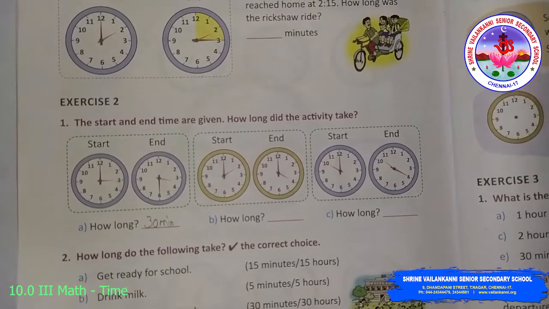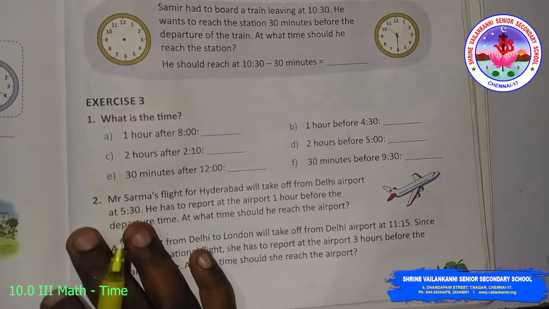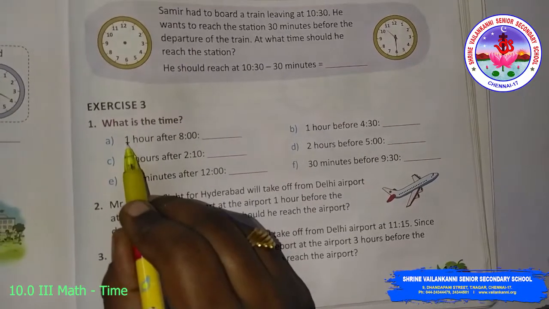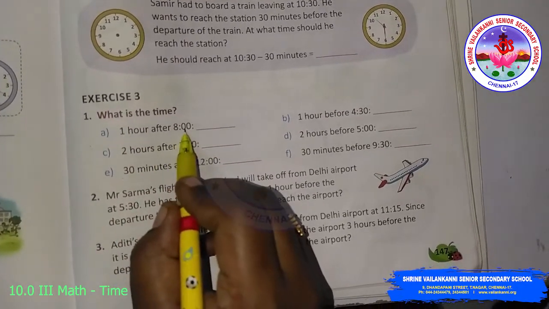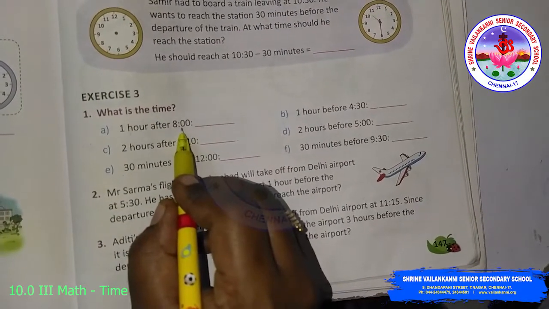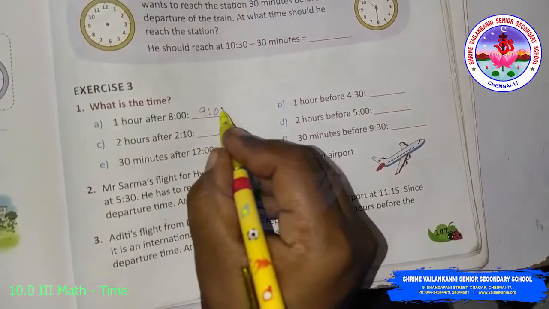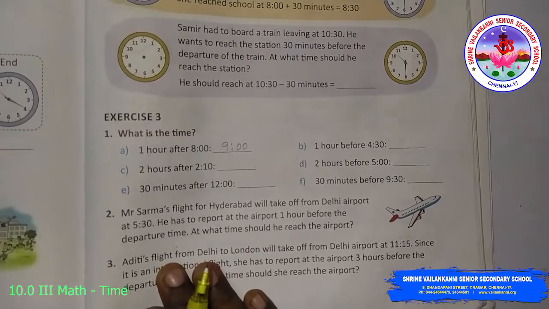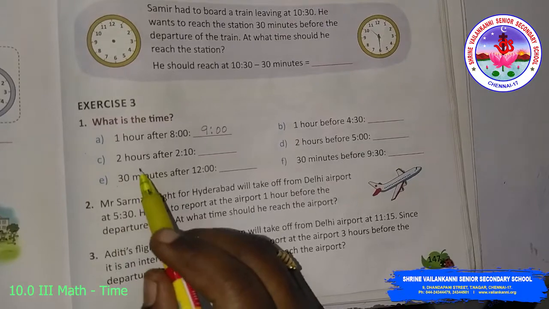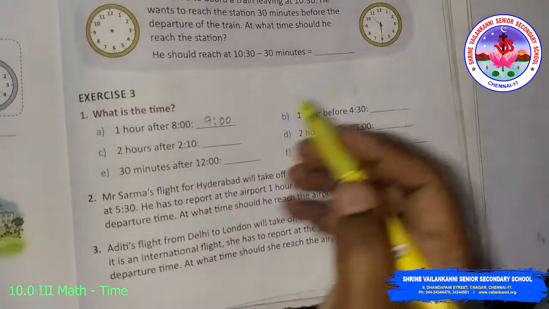Okay. Next topic we are going to see is before time and after time. Here under exercise 3, the time is given: 1 hour after 8. What will be the time 1 hour after 8? 9 o'clock. It may be either AM or PM. Next, 2 hours after 2:10.